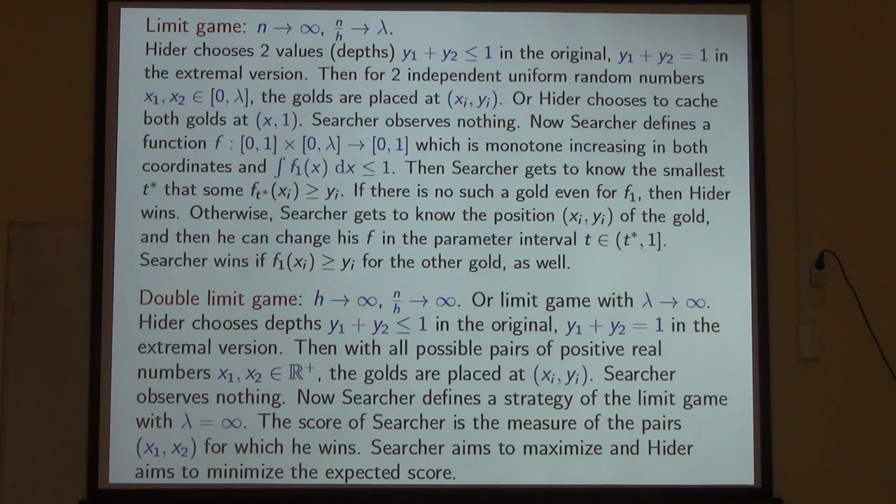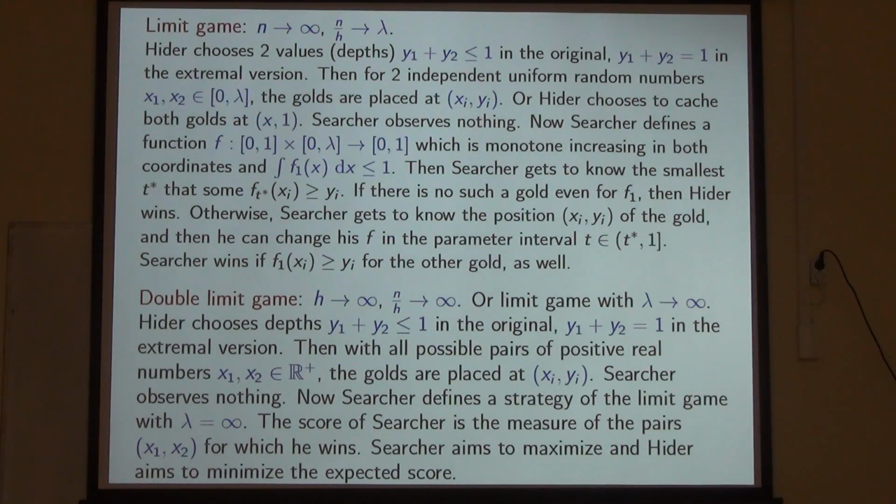And in this case, the way to define the problem is the following. The hider chooses two depths, and the searcher declares a searching strategy, and we consider the two-dimensional measure of the x, y pairs for which the searcher would win. And this is what the searcher wants to maximize and the hider wants to minimize.